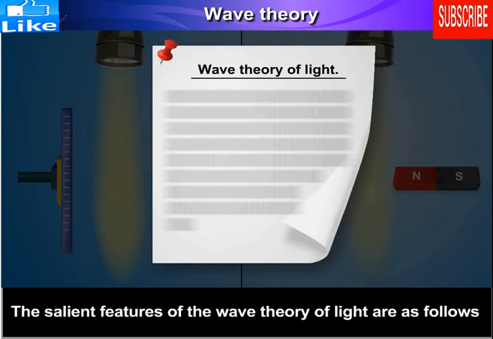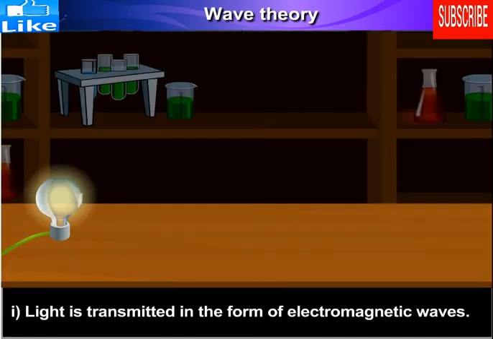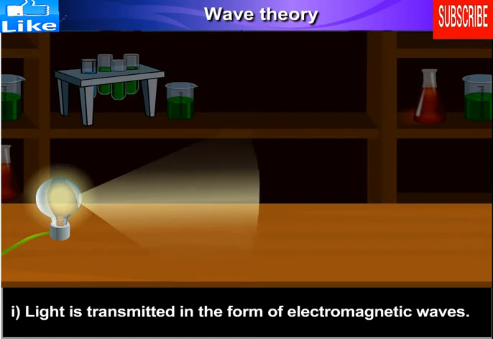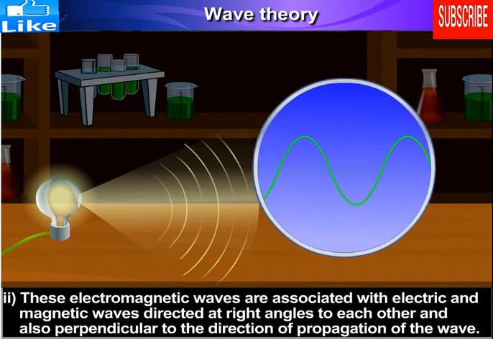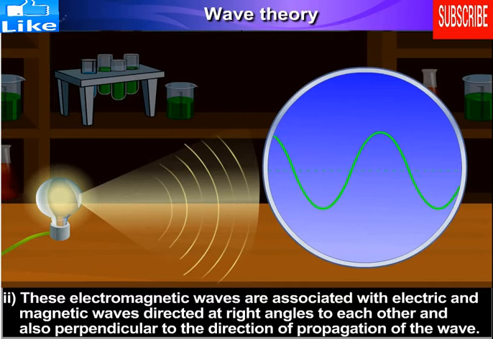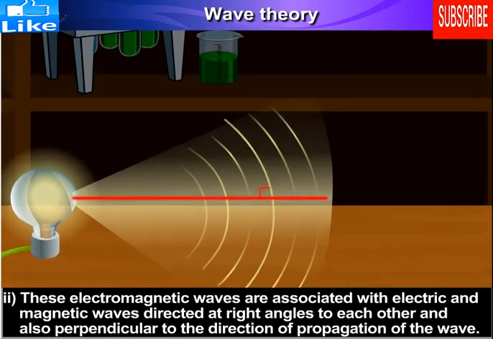The salient features of the wave theory of light are as follows. 1. Light is transmitted in the form of electromagnetic waves. 2. These electromagnetic waves are associated with electric and magnetic waves directed at right angles to each other, and also perpendicular to the direction of propagation of the wave. 3.